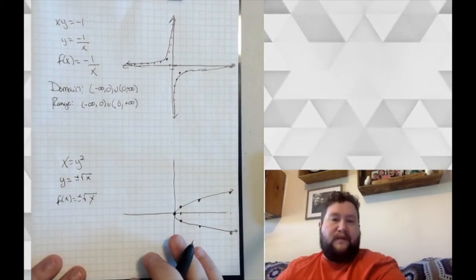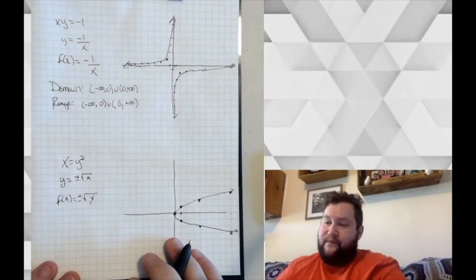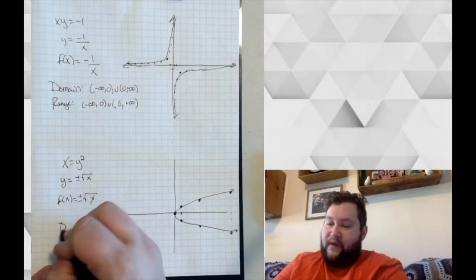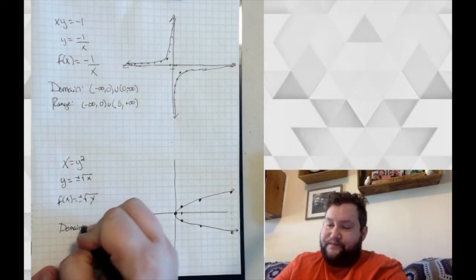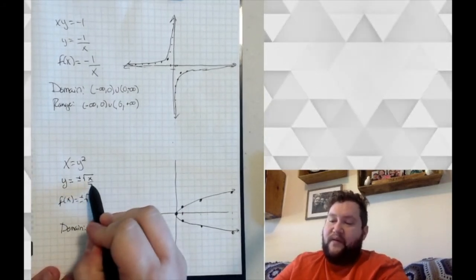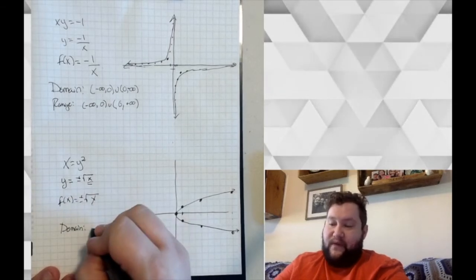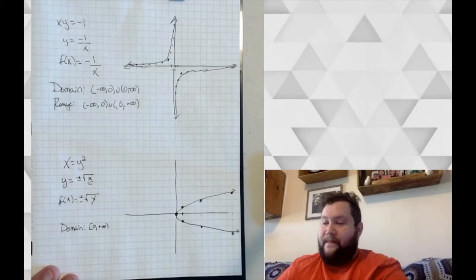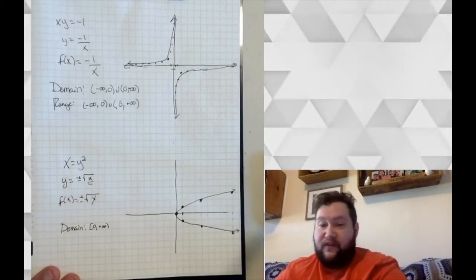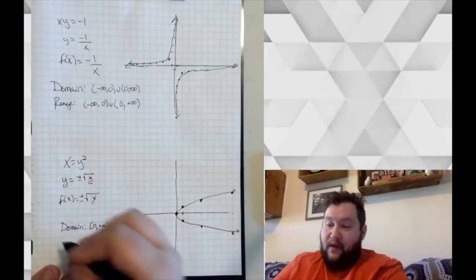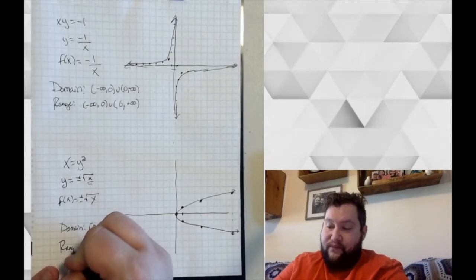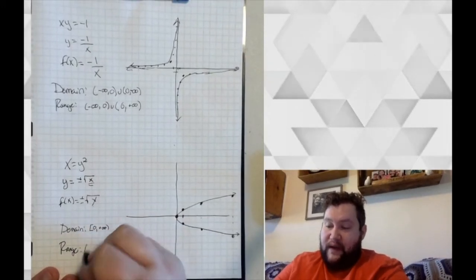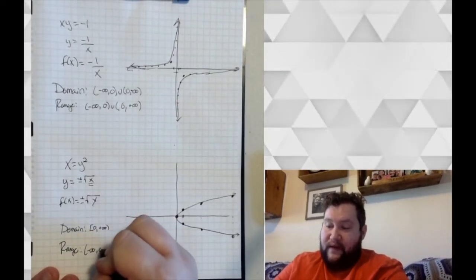And what do you notice? Well, the domain first. We can only take the square root of things as small as 0. So our domain is 0 to positive infinity. And if we go sufficiently far out, our range is going to go between negative infinity and infinity.